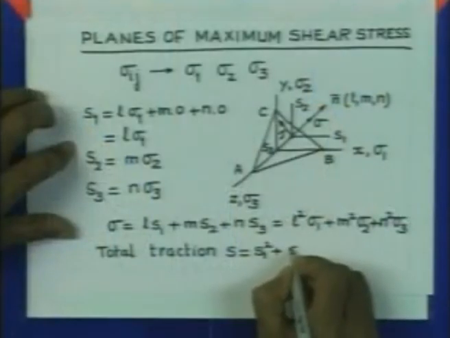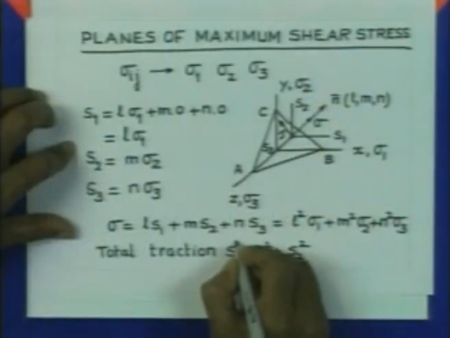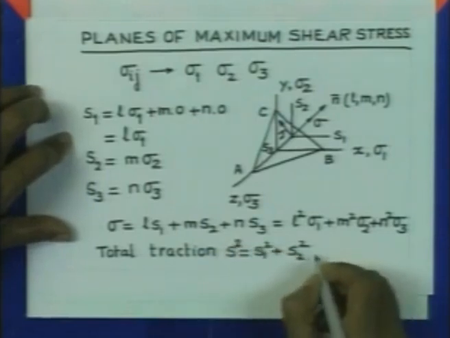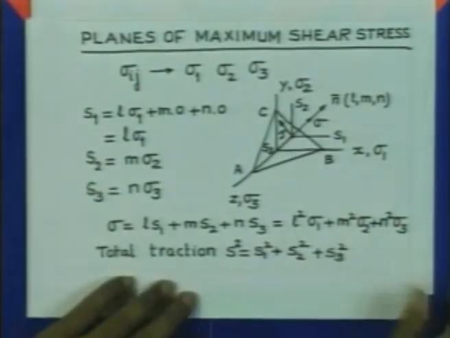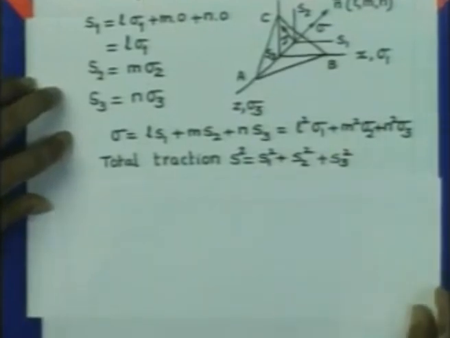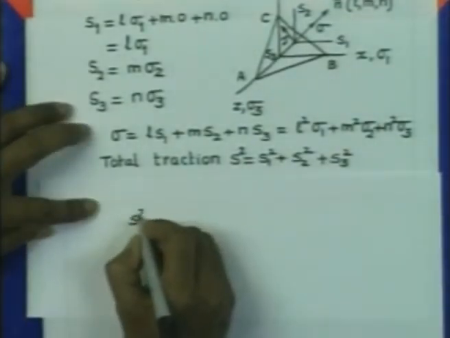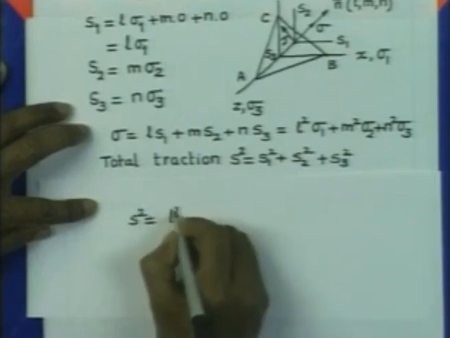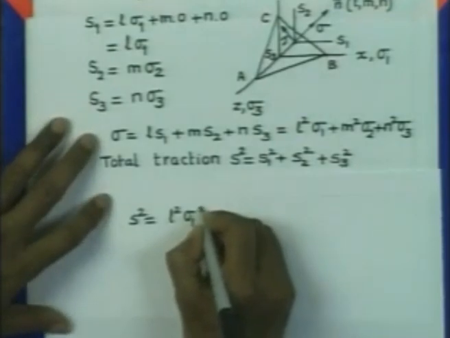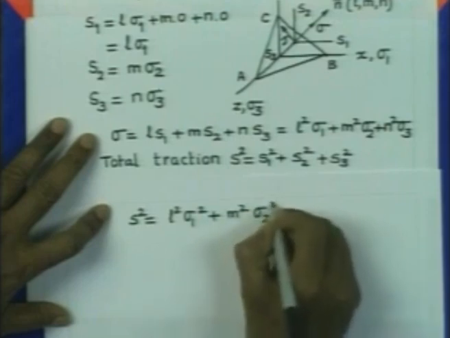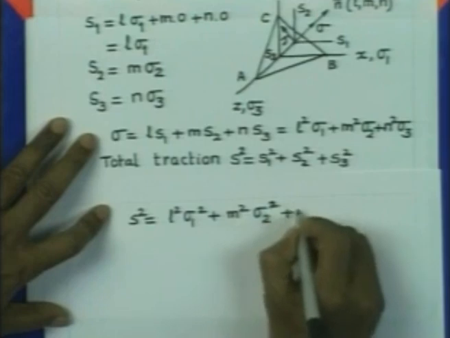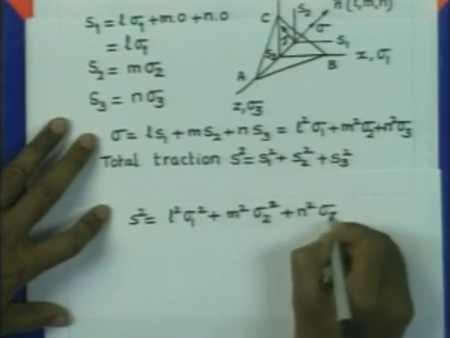Therefore, we can write S square equal to S1 square plus S2 square plus S3 square, and therefore, we have S square is nothing but L square sigma 1 square plus m square sigma 2 square plus n square sigma 3 square.